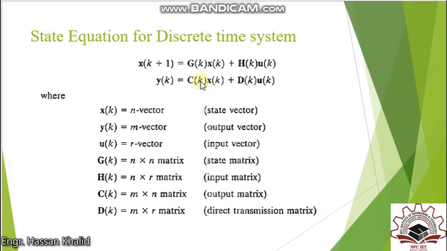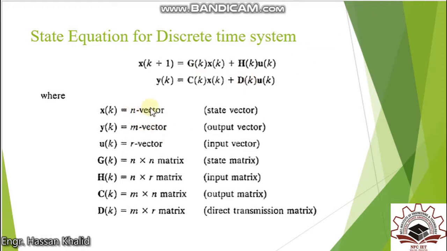Also, it is to be noted that this is a time varying system, because the matrices G of k, H of k, C of k and D of k all vary with respect to the instant k. If the system is assumed to be linear time invariant, then the variable k will be removed.